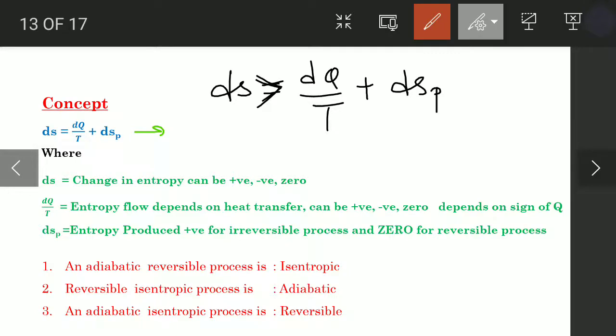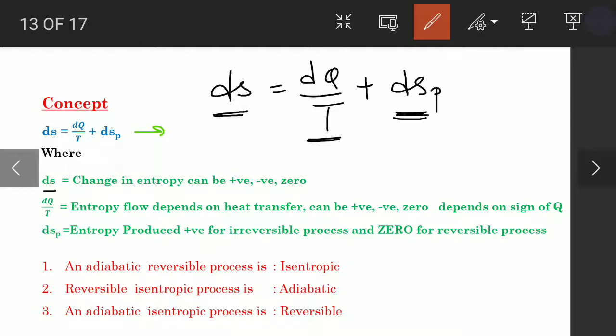After balancing we can write dS is equal to dQ by T plus dS_p. This is the balancing parameter that can be called entropy produced. This is the change in entropy, and dQ by T is the entropy transfer.